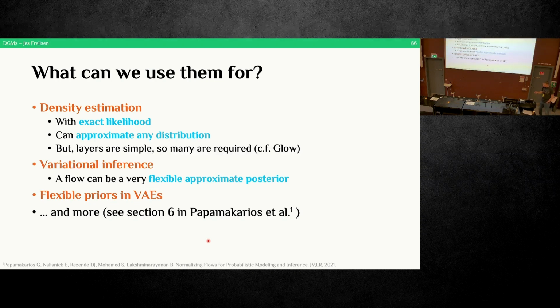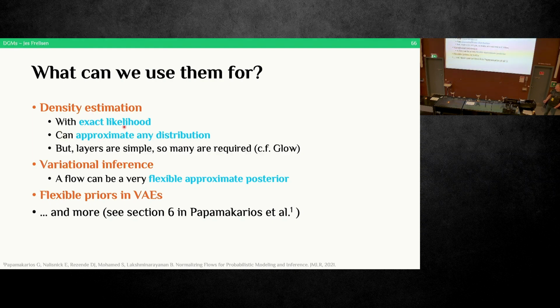Here towards the end, I just want to mention what we can use flows for. We use them for density estimation, and one thing where they really excel is that you actually have access to the exact likelihood. Many of the deep generative models, particularly VAEs, we don't have access to the exact likelihood. But these are models where if I learn the model and you come with a data point, I can calculate the exact likelihood or density for the data point.